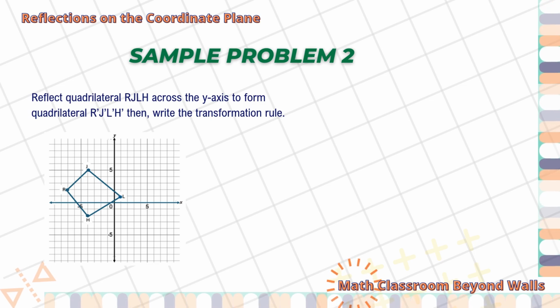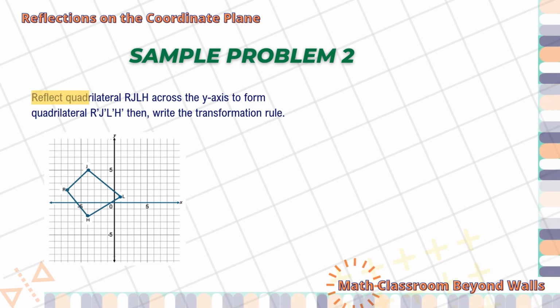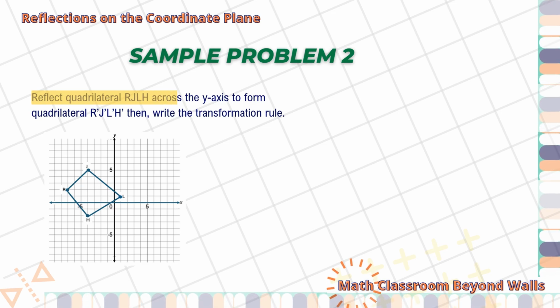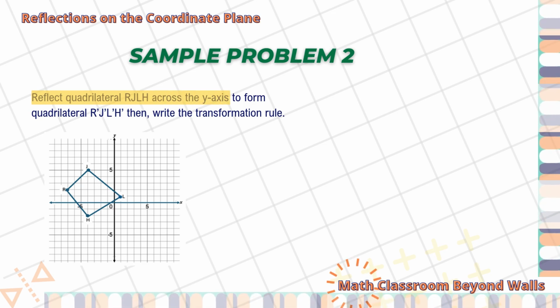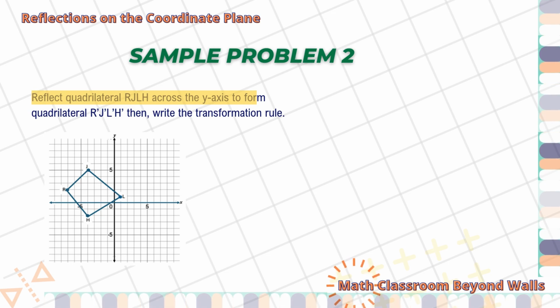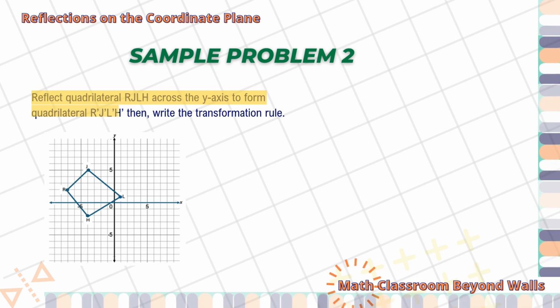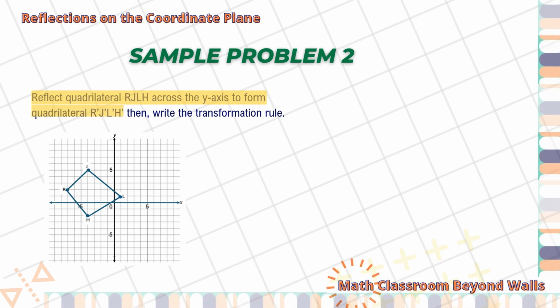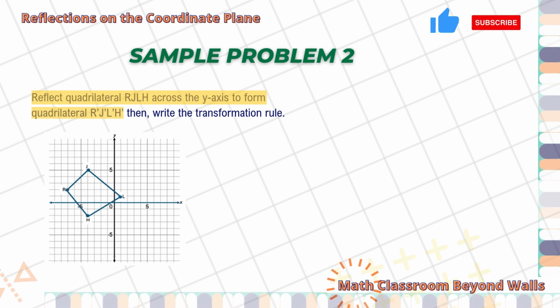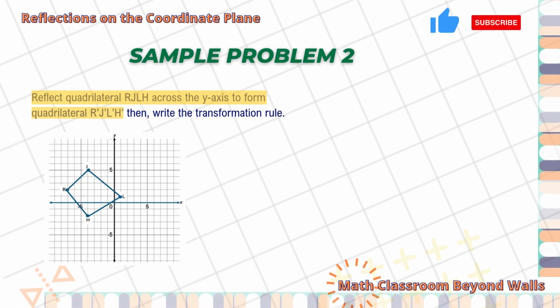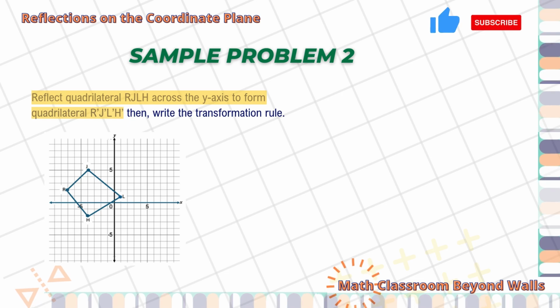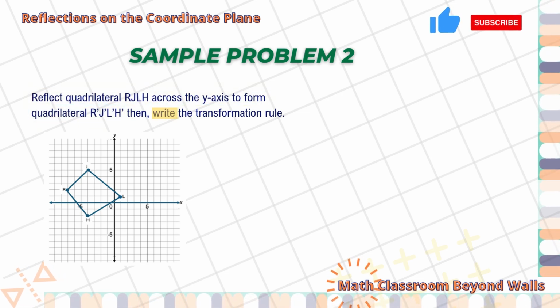First, we are to reflect quadrilateral RJLH across the y-axis to form quadrilateral R', J', L', H'. This means that we are to graph the image. Second, we are to write the transformation rule.